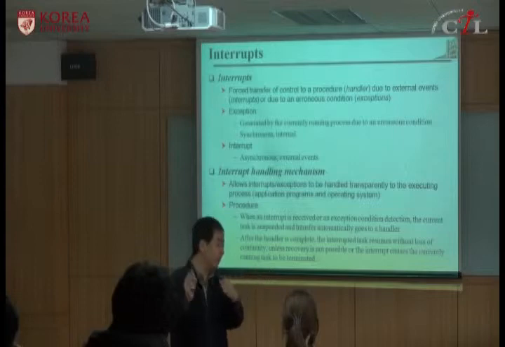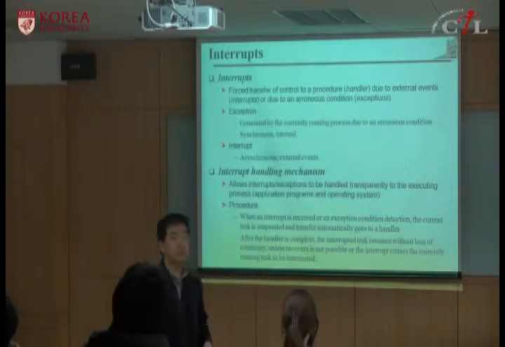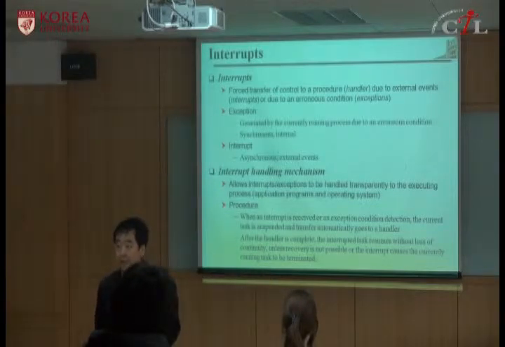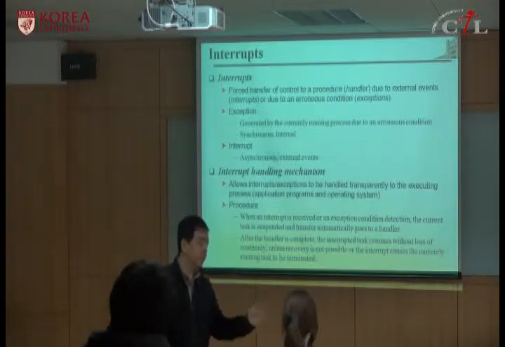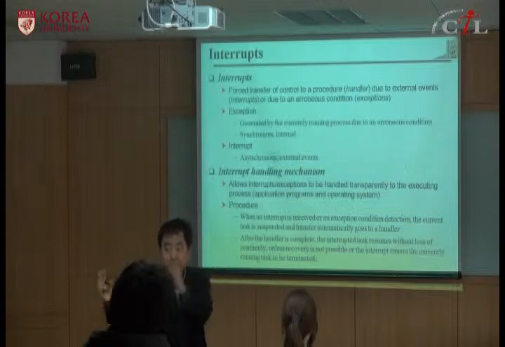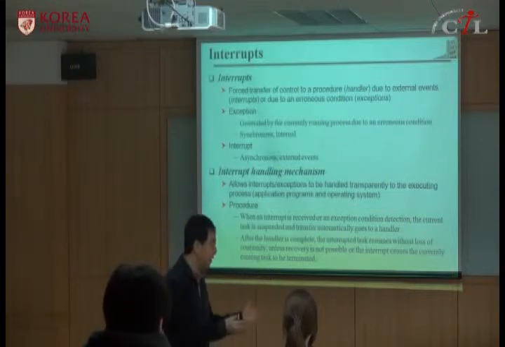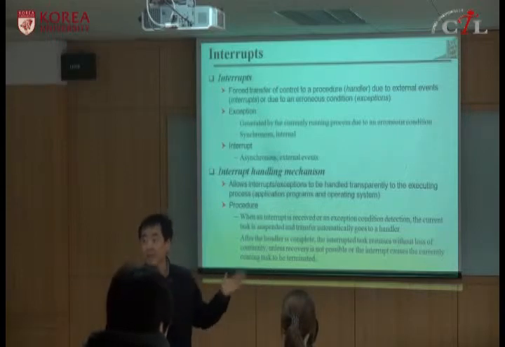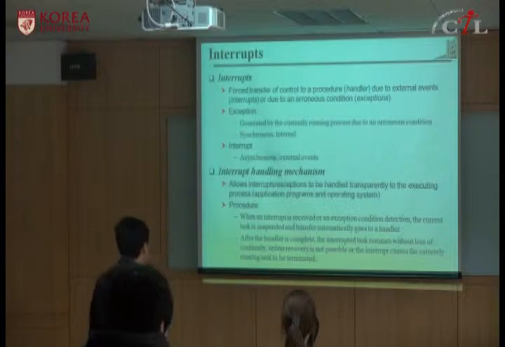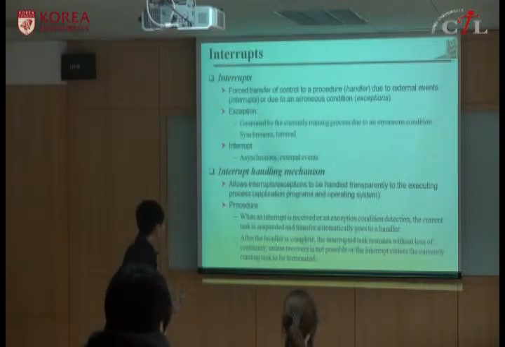You just handle that event and you go back and resume. Or a page miss: after the OS brings the page into memory, you go back to that instruction, you restart the instruction, and you can continue. So the interrupt or exception is handled transparently.